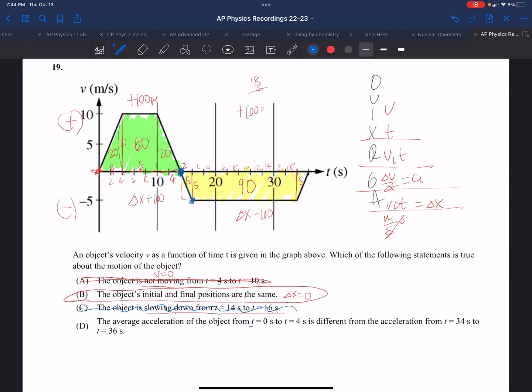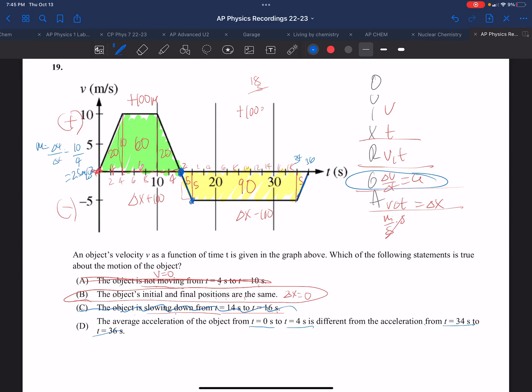Acceleration from 0 to 4 seconds. Acceleration is the slope from 0 to 4 seconds. Slope is delta y over delta x. We have a change from 0 to 10 over 4 seconds is 2.5 meters per second squared. Is different from the acceleration 34 to 36. 32, 34, 36.